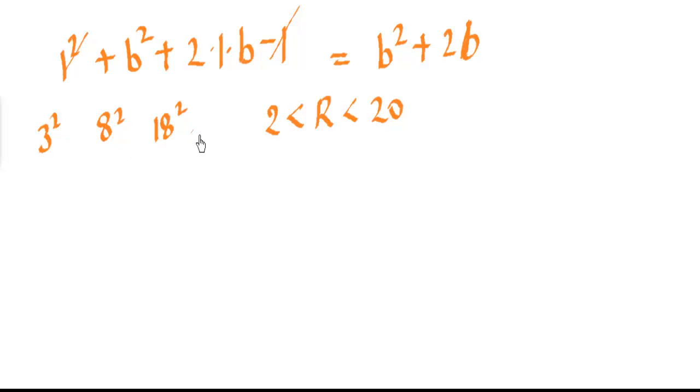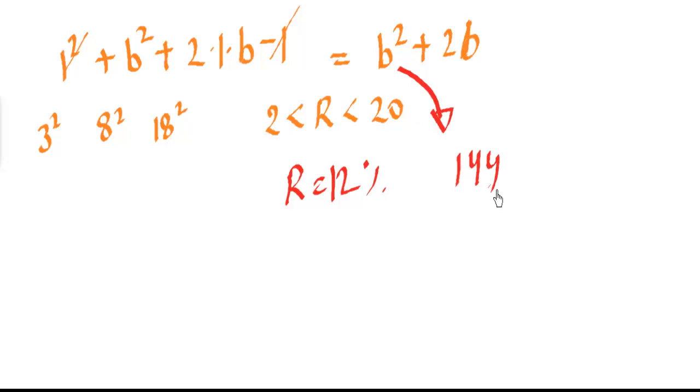If you remember these squares, you can easily put them here. If I were given, let's say, the rate of interest r equal to 12%, I know the square of 12 is 144.